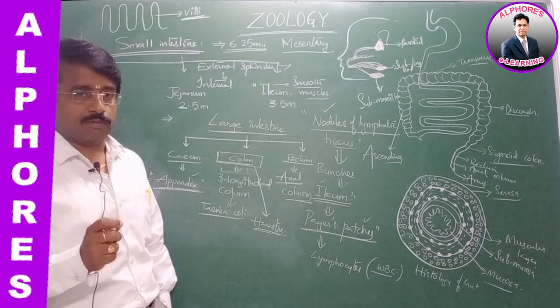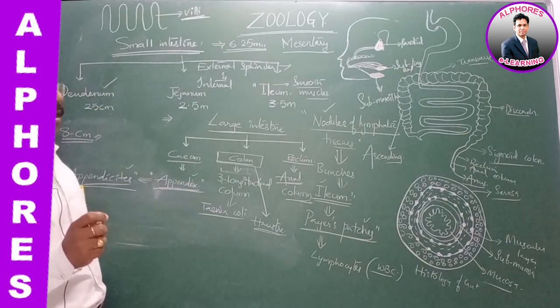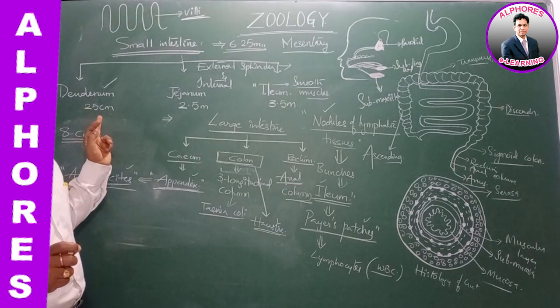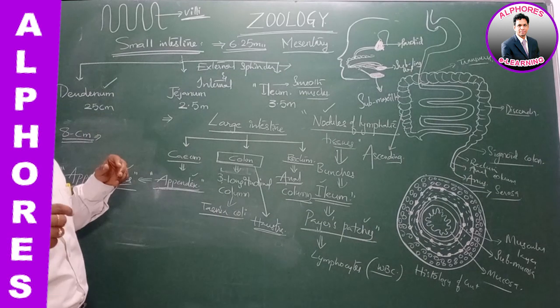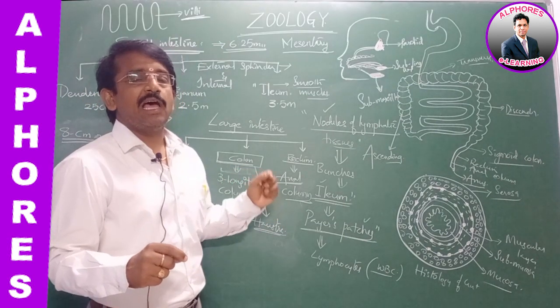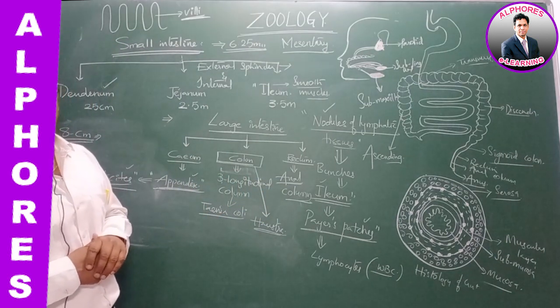This ampulla of Vater, or hepato-pancreatic duct, opens into the duodenum and releases its secretions, the pancreatic juice and the bile juice. Bile juice is an enzyme-less secretion from the liver, which includes bile salts and bile pigments.